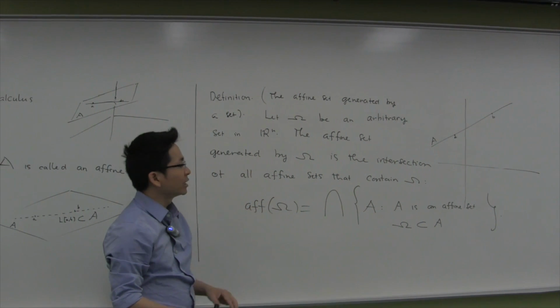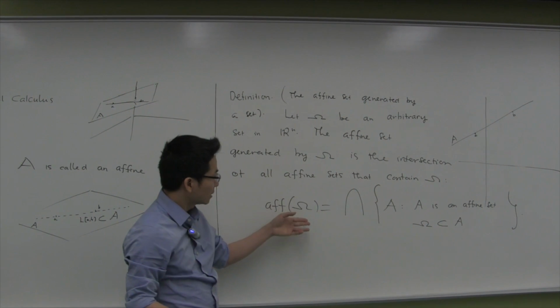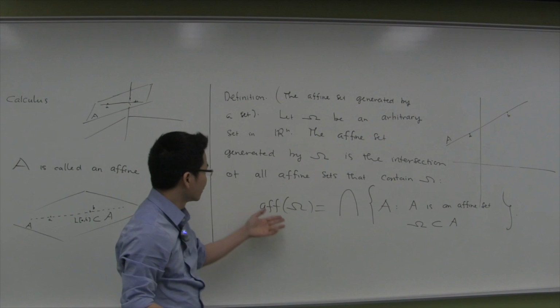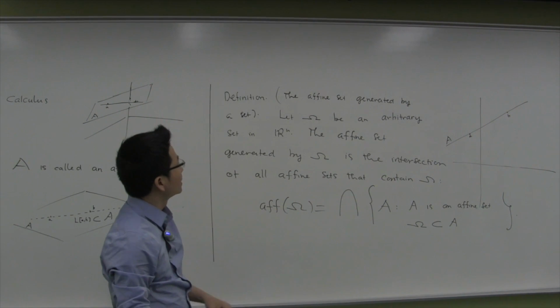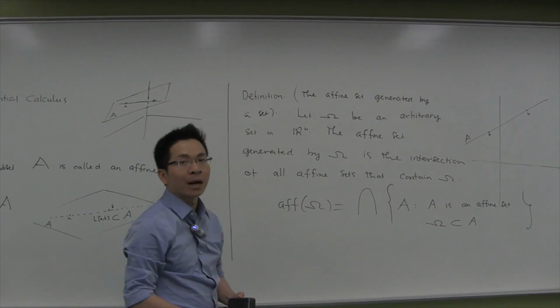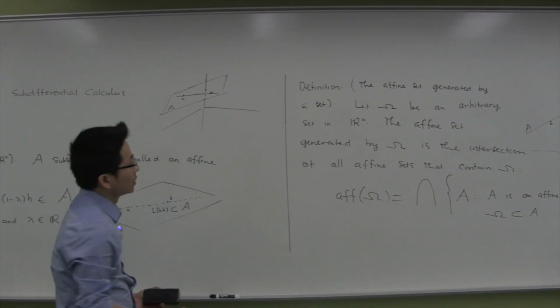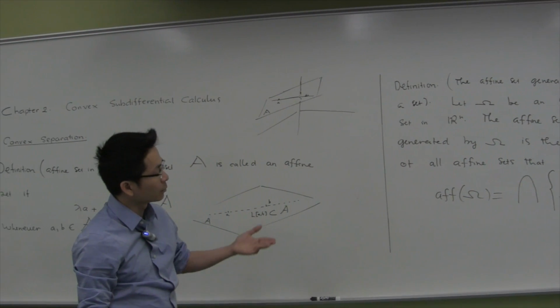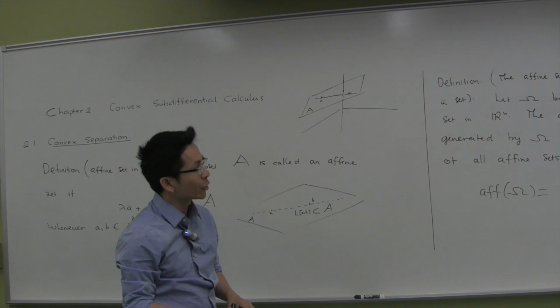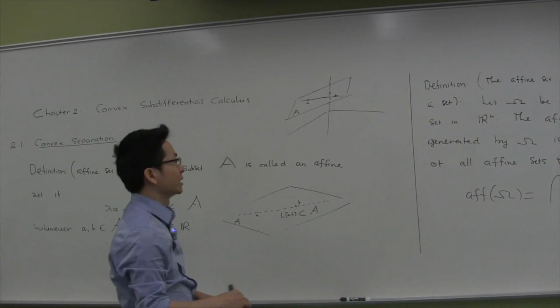Similarly to the definition of convex hull of a set, we have the following properties of the affine set generated by an arbitrary set. So I'm going to state 2 important properties of the affine set generated by a set in the next proposition.